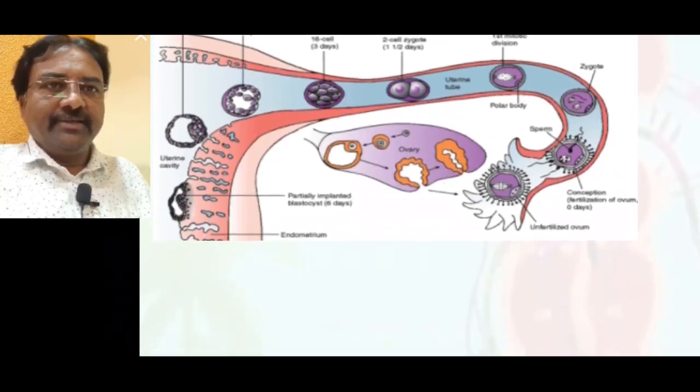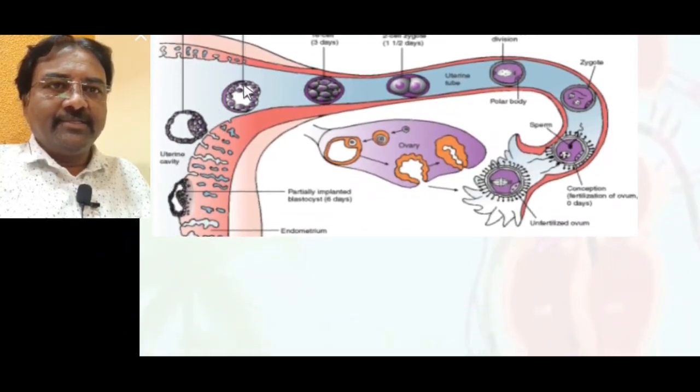The blastocyst enters the uterus. So this is the uterus part. The blastocyst enters the uterus, absorbs uterine milk and enlarges itself from 0.15 mm to 0.30 mm, and attaches or embeds itself into the endometrium layer of the uterus.